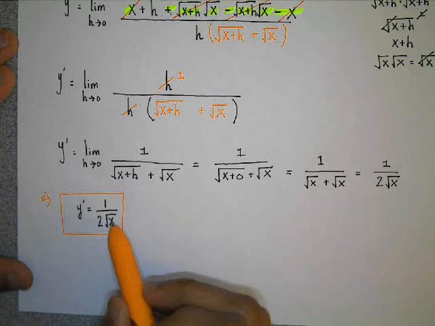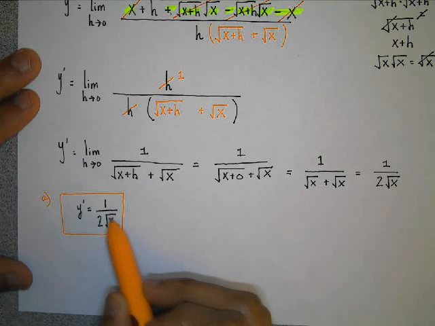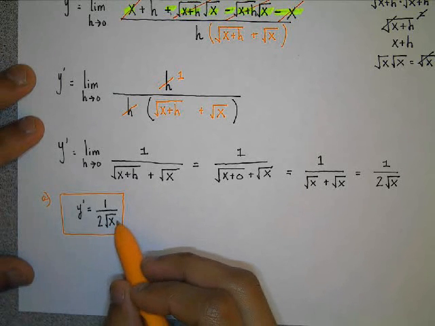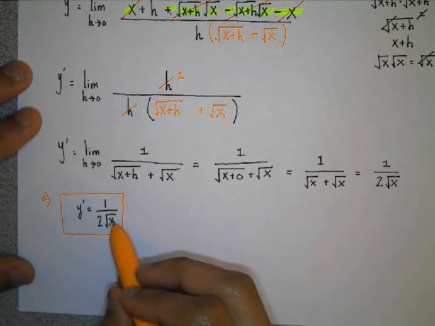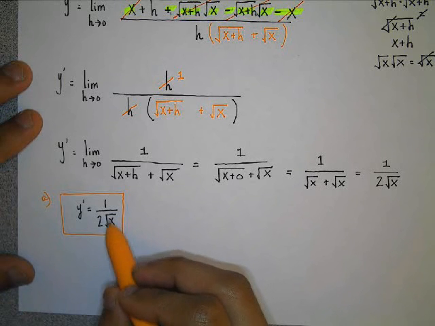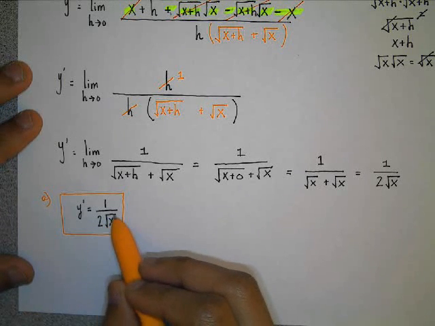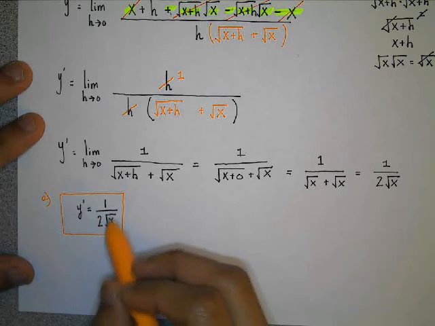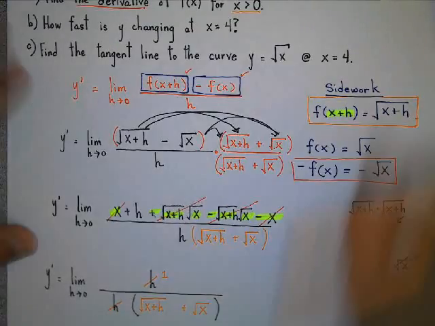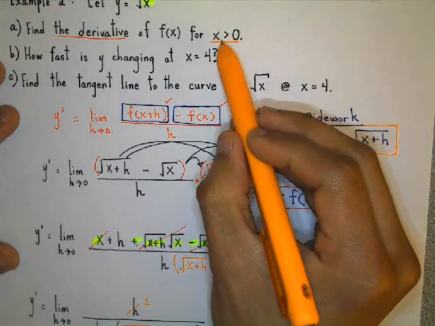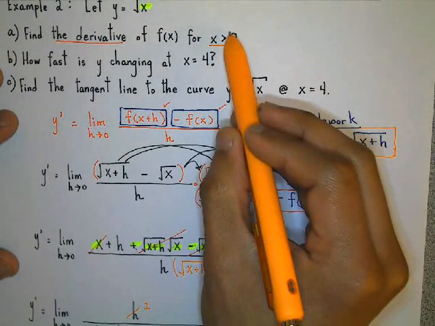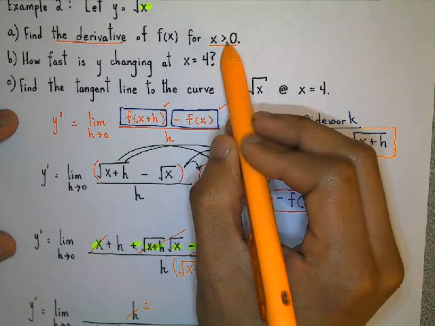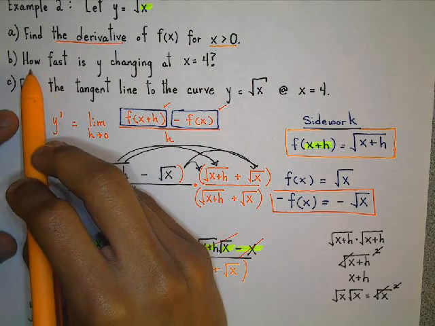And since we're only working with real numbers here, that is why we had to say for x greater than 0. Also notice that we're not saying that x equals 0, because if x is 0, then we're going to have the square root of 0, which is 0, and we cannot be dividing by 0 here. That should hopefully make this statement right here make a little bit more sense on why it's written.